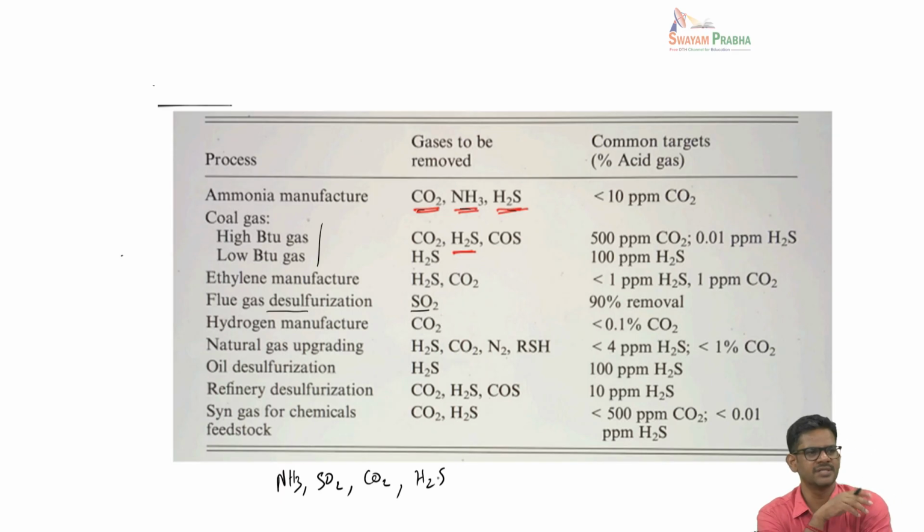So predominantly we are talking about ammonia, SO2, CO2 or H2S removal. These are the gases that we would like to remove from an effluent gas, and you have a range of concentrations in these flue gases. It ranges from 1 ppm to several hundreds of ppm, and these are beyond the threshold of safe discharge. So we need to remove them before the gas can be discharged into the environment.